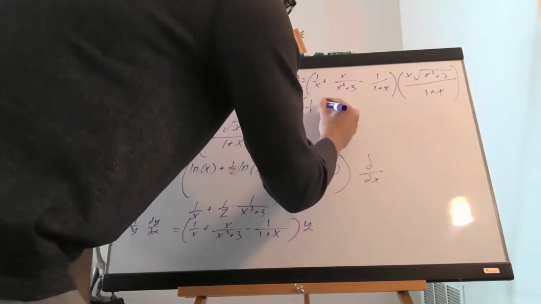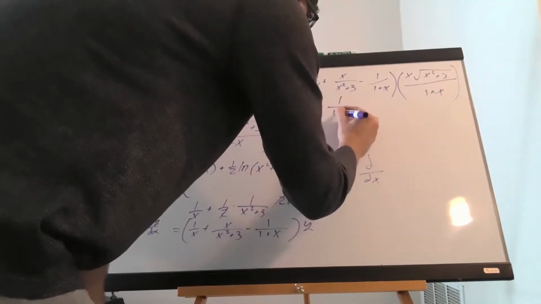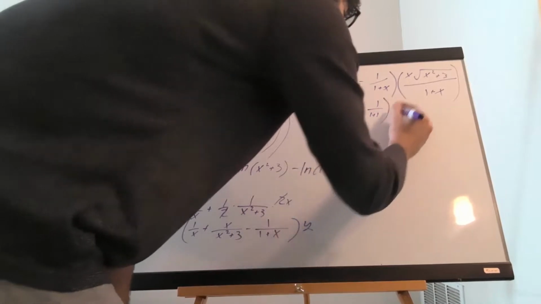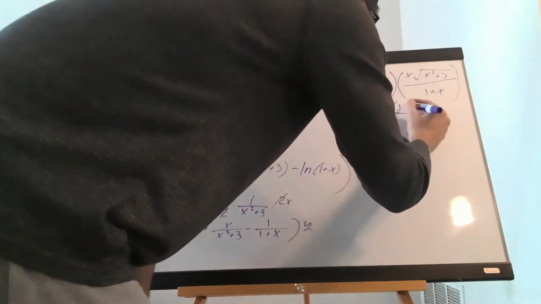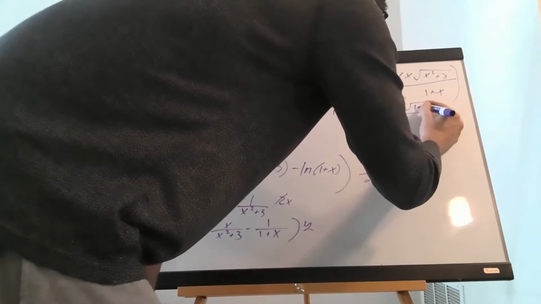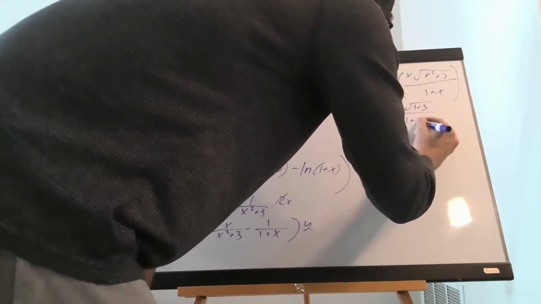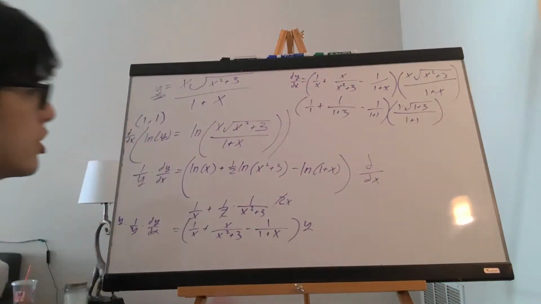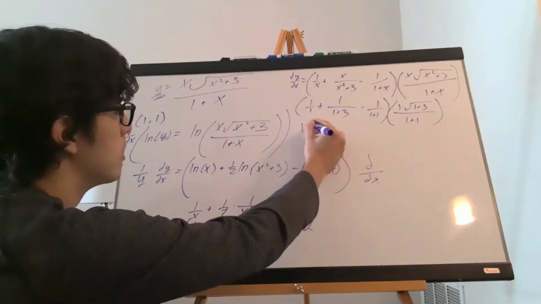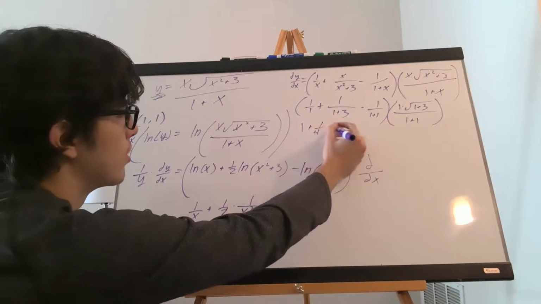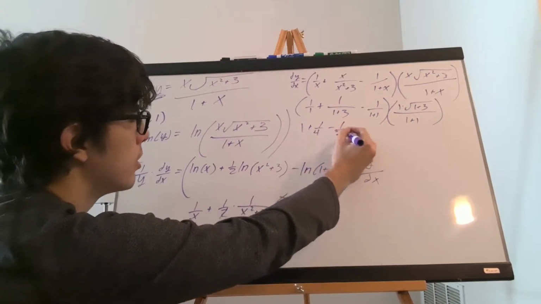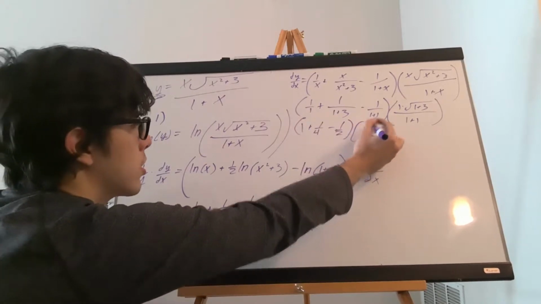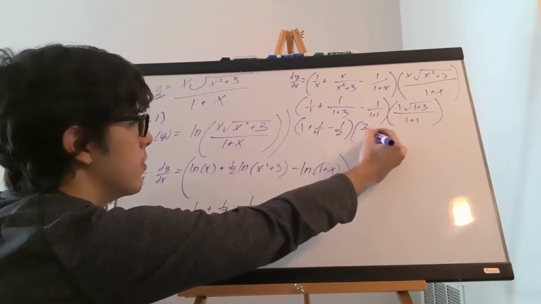So 1 over 1 plus 1 over 1 plus 3 minus 1 over 1 plus 1, times 1 times the square root of 1 plus 3 over 1 plus 1. So you guys, math is just addition and subtraction at the end of the day. 1 over 1 plus 1 over 4 minus 1 over 2, times square root of 4 is 2 over 2.